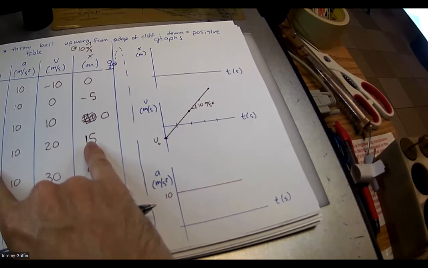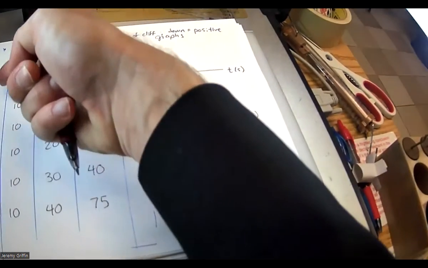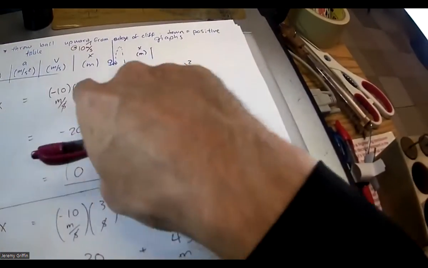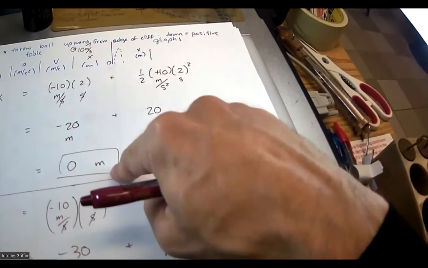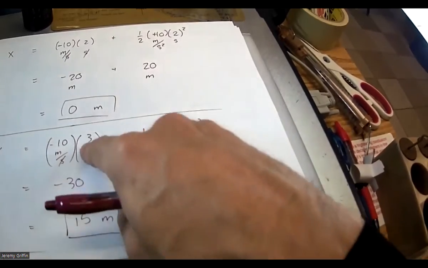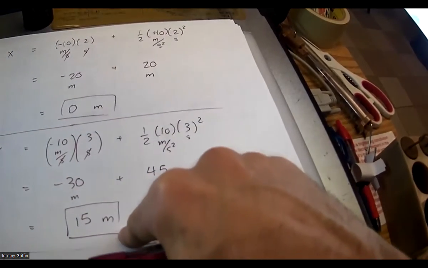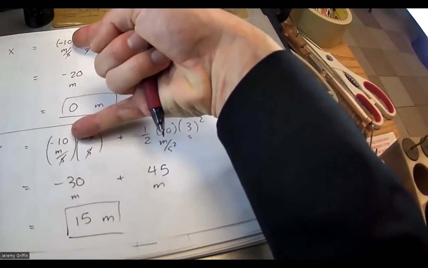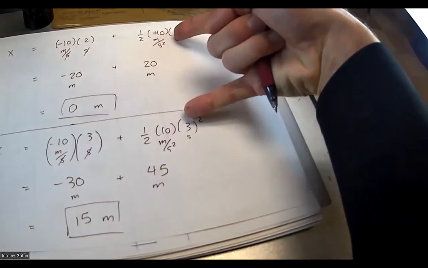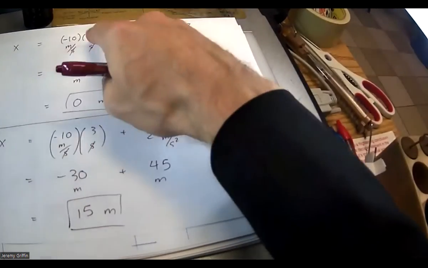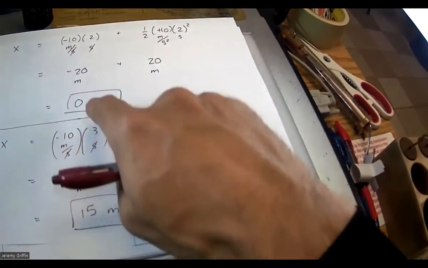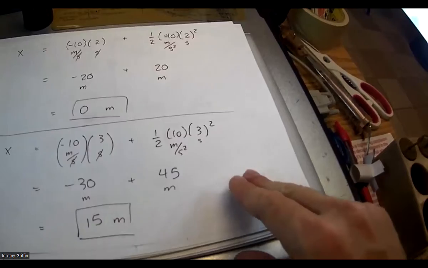That's that one. And then you could take all these other times. Say if you plug in 2 seconds, that's what the top one was. Plug in 2 seconds, comes out to 0 meters. Plug in 3 seconds, it comes out to 15 meters. Right? The initial velocity is the same, the acceleration is the same, but the time, from 2 to 3 seconds, went from this to this.